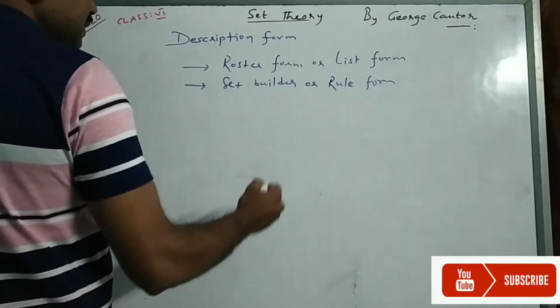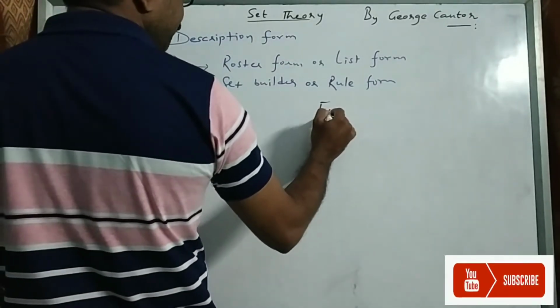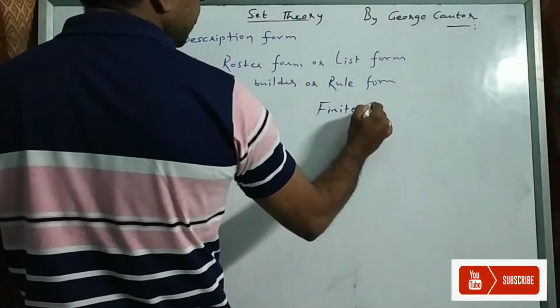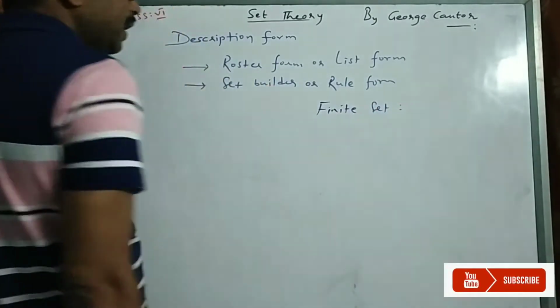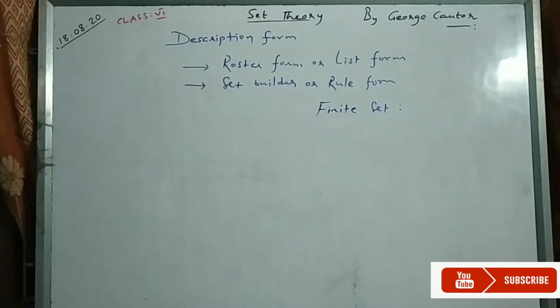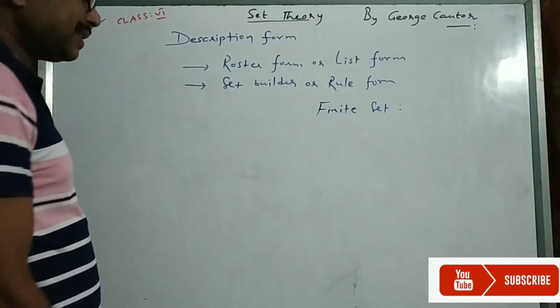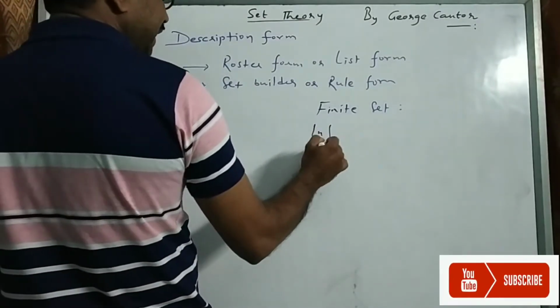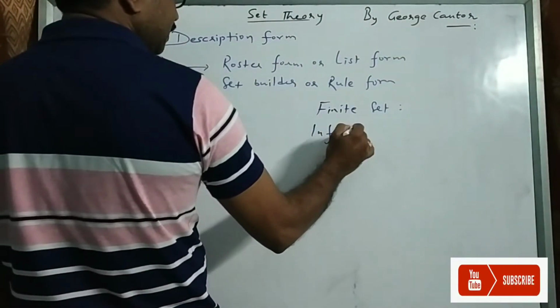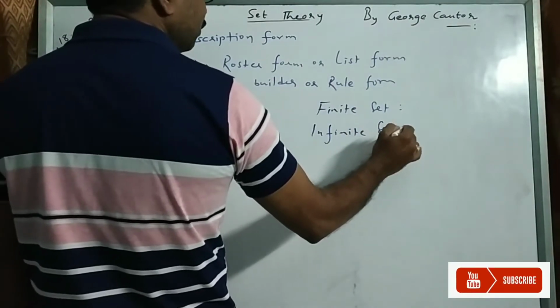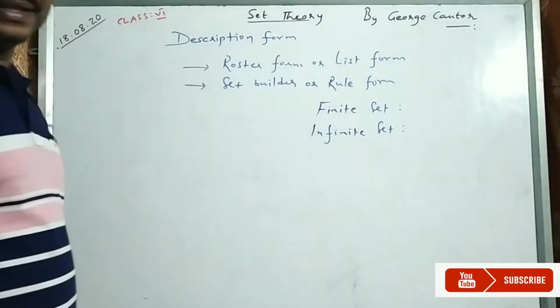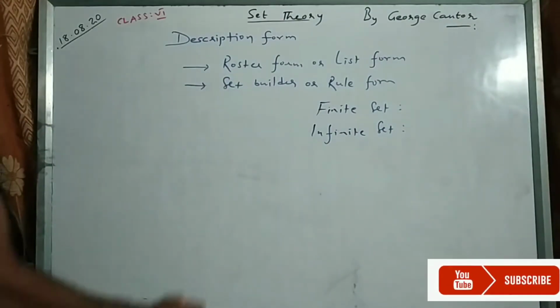And some sets also we have seen. Finite set: if you are able to count the number of elements in the set, that is called finite set. Infinite set: if you are not able to count the number of elements in the set, that is called infinite set.